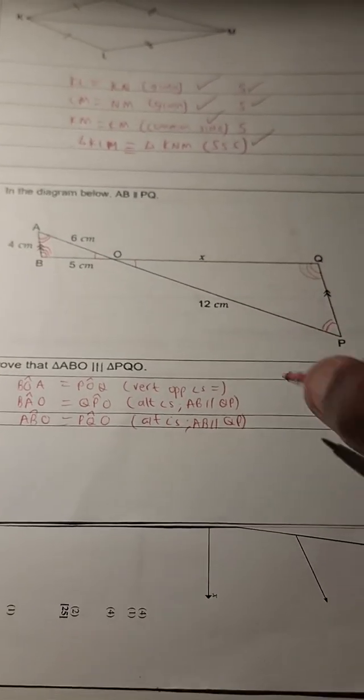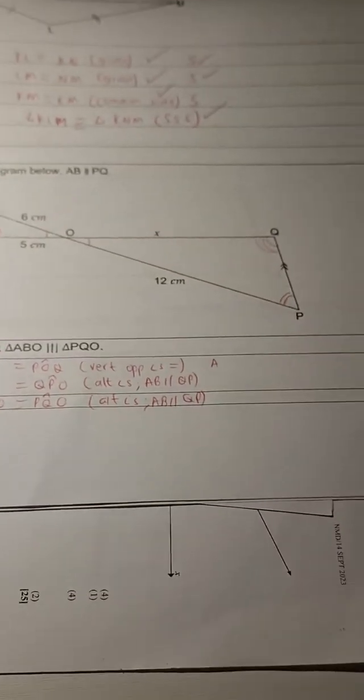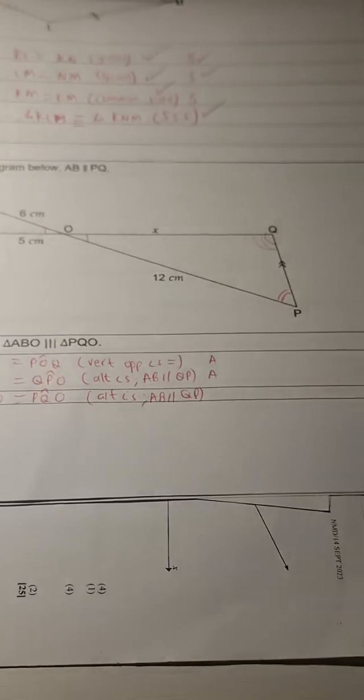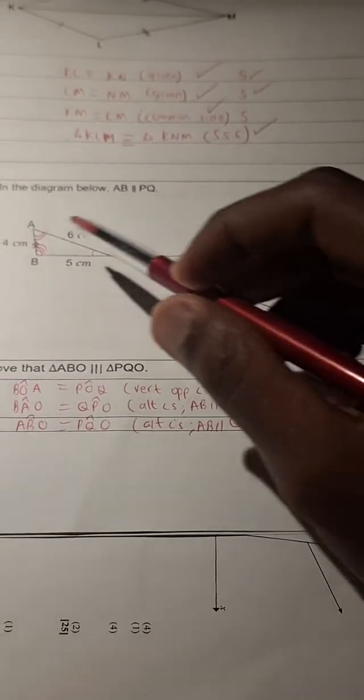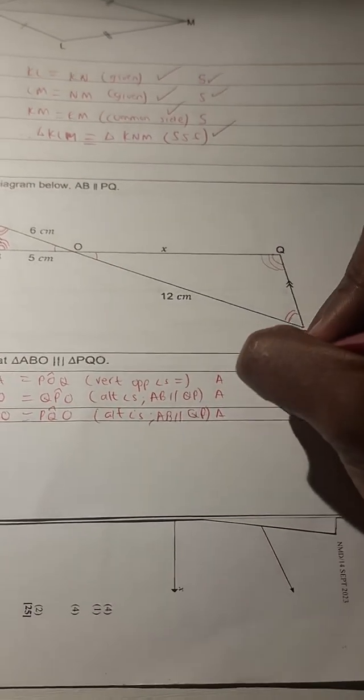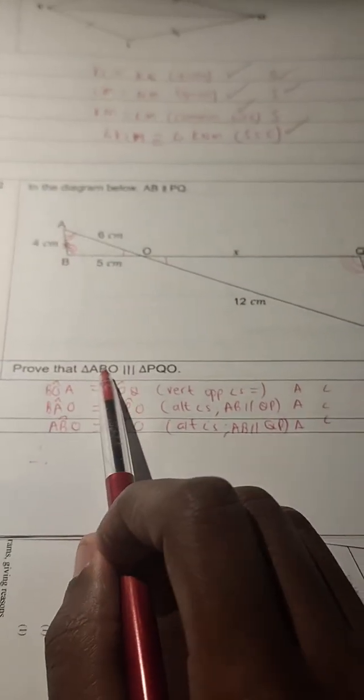Well, then what have we identified? Our first pair of angles, our second pair of angles, our third pair of angles. For these two triangles, we have angle, angle, angle. So in other words, we can conclude, look at the order, guys.